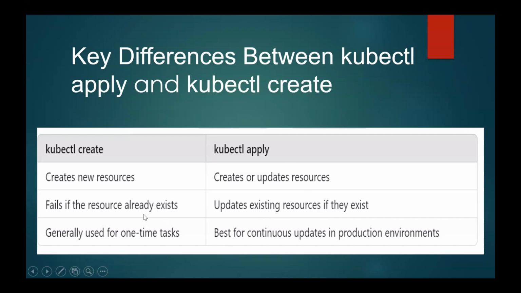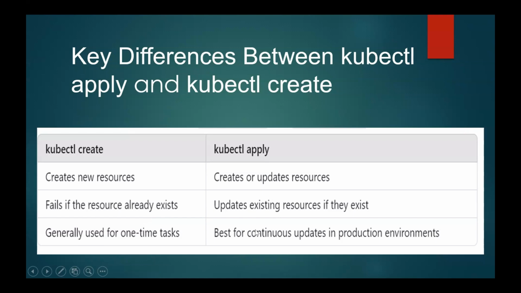Okay, generally we use kubectl create for one-time tasks, and generally we use kubectl apply for continuous updates, either in our QA and development environments or even in production environments.